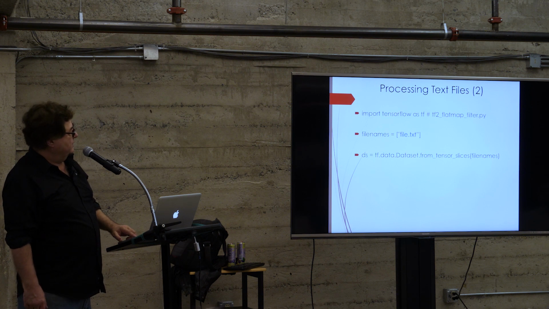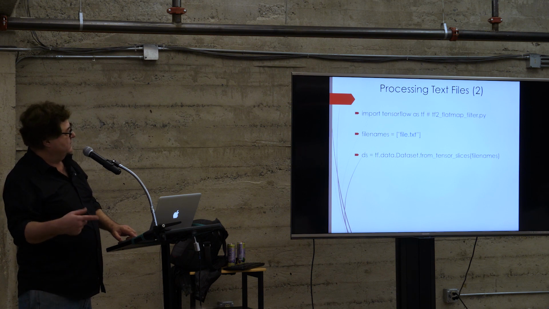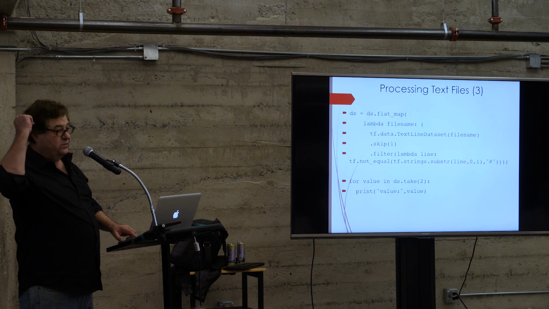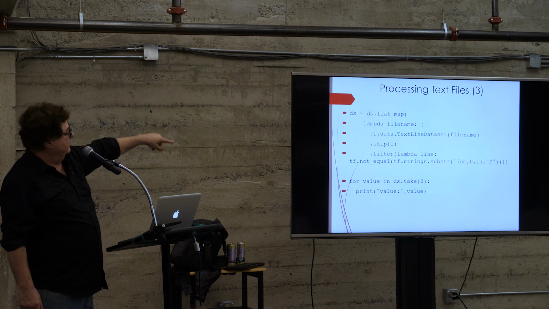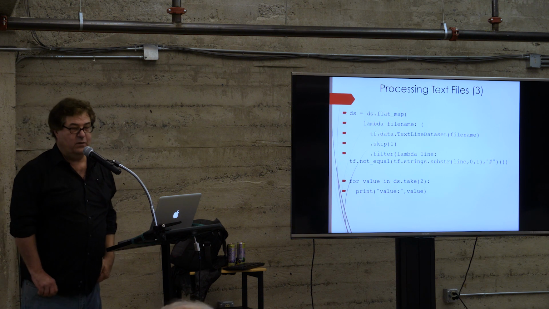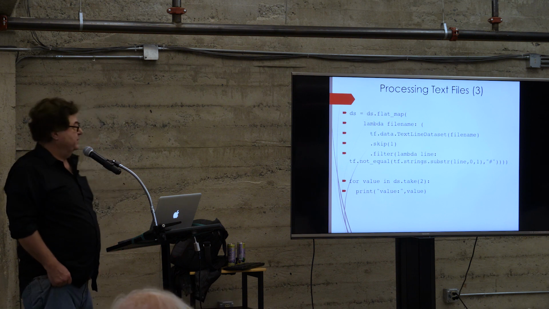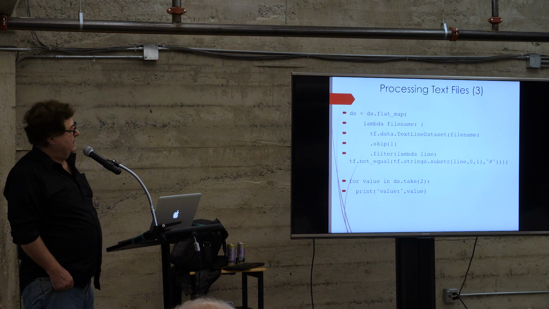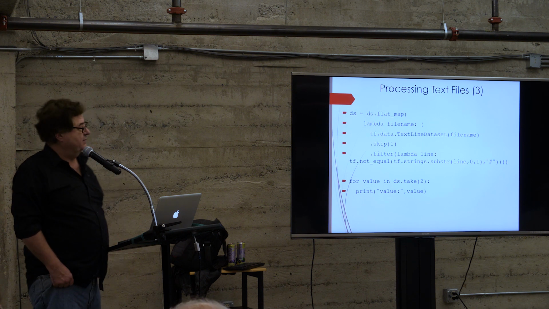Now, as you can see, the data set from tensor slices goes into file names, which is that one particular file. We just saw what the file looked like. So now what does this do? Not quite so trivial and obvious as the other examples. But if you notice, the flat map defines a Lambda expression.